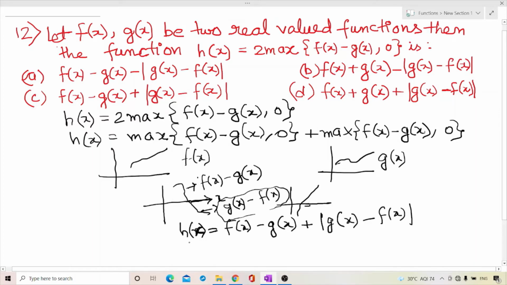So h(x) can be written as f(x) - g(x) + |g(x) - f(x)|. So that means option C is correct.